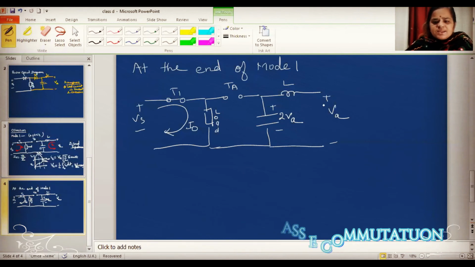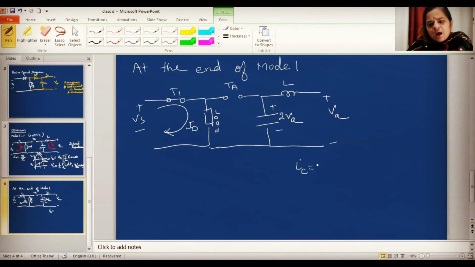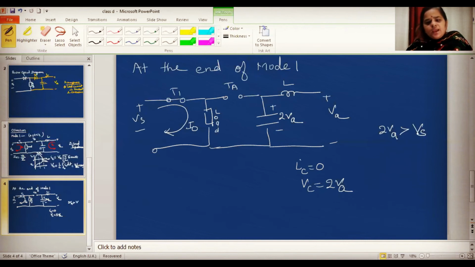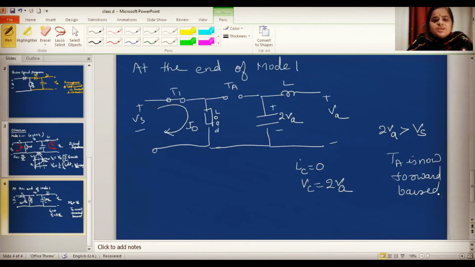Now IC is 0 and VC is charged to 2 Va. With this capacitor voltage, TA is now forward biased as 2 Va is greater than Vs. So this is the scenario of the circuit at the end of mode 1.